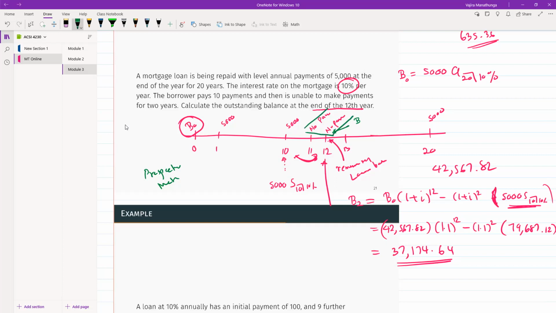I think the prospective method would be really hard, because you need to incorporate that no payment. We have to recalculate how long it is going to take to pay this off, because you can't pay within 20 years by just paying 5,000. Since you missed two payments, the future payments are going to increase if you really want to pay within 20 years. So for this particular problem, retrospective is better.